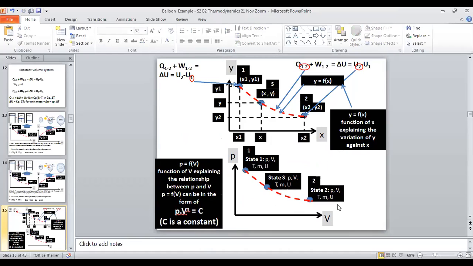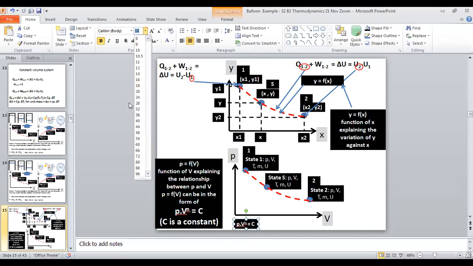So when I write an expression considering this, quite interesting. This is for this PV curve. You can write it.